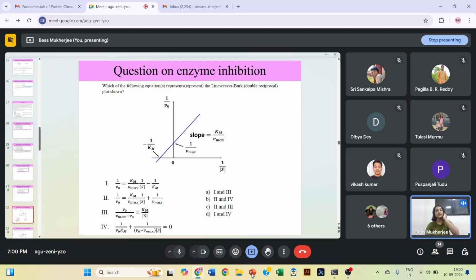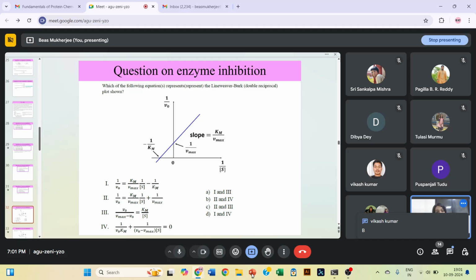So they are asking you which of the following equations represent the Lineweaver-Burk plot properly. You first have to convert all of these into y equals fx plus c format, because this is a straight line, so you have to convert it into the straight line equation and then find out.